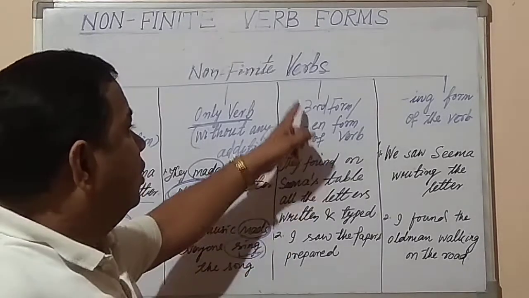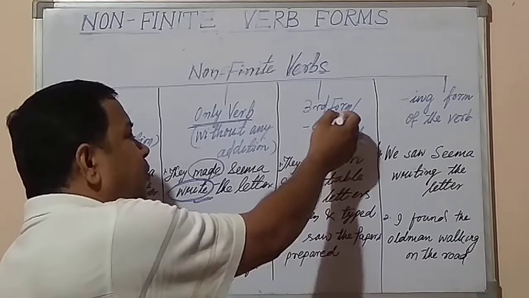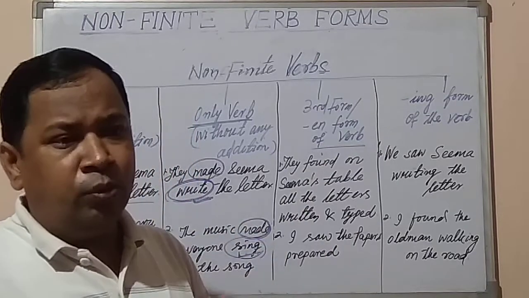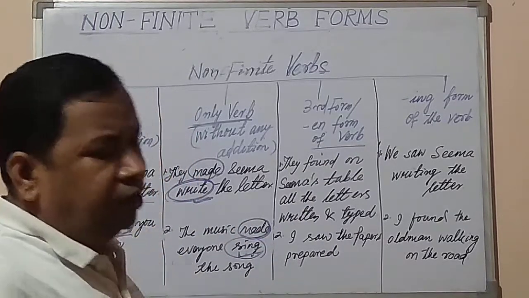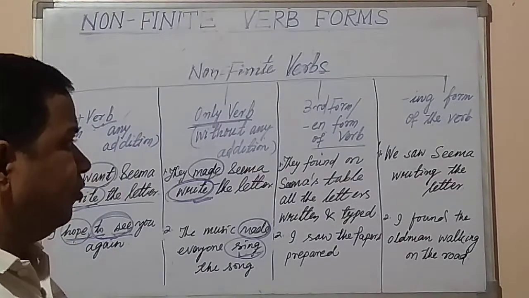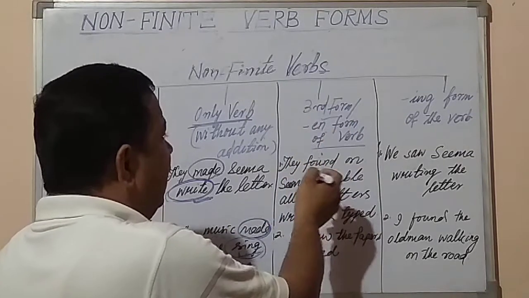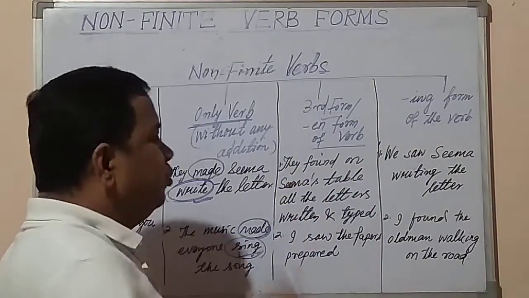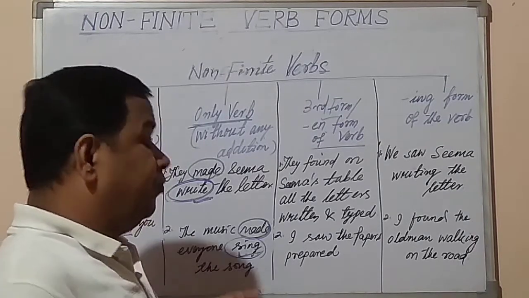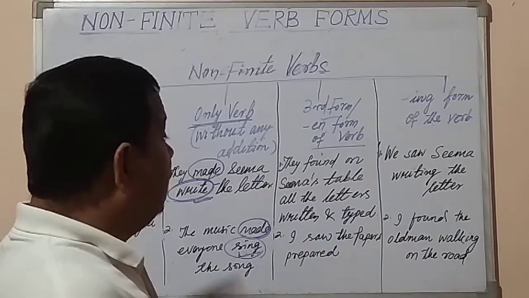And in the third type, you see here, this is known as the third form or en form of the verb. As you know, go, went, gone; do, did, done; and eat, ate, eaten is the third form. Likewise, it is known as the third form. The form of the non-finite verb can also be the third form.